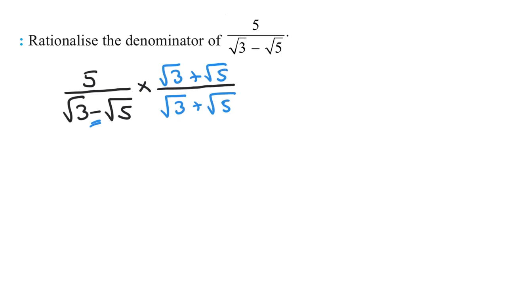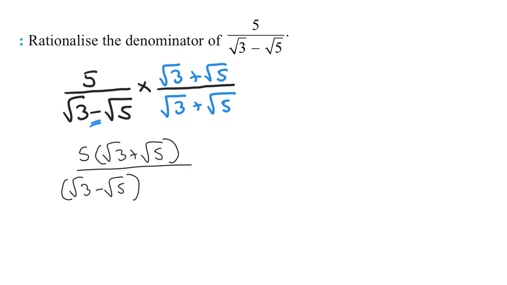Okay, so now we know how to multiply the two fractions. The numerator is going to be 5 times root 3 plus root 5 over the denominator is root 3 minus root 5 times root 3 plus root 5.